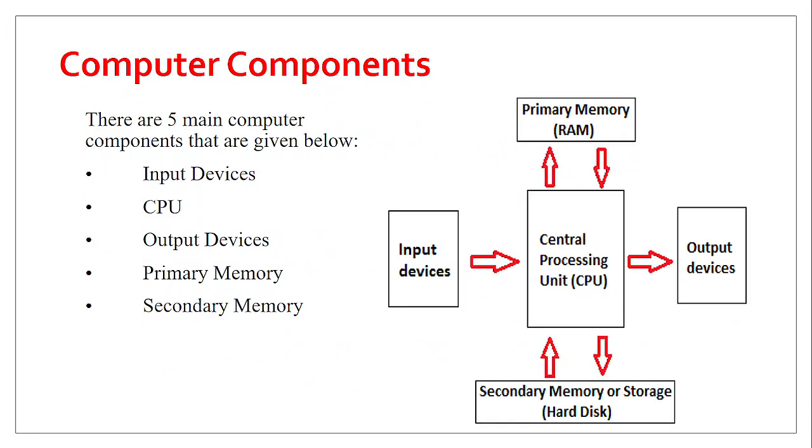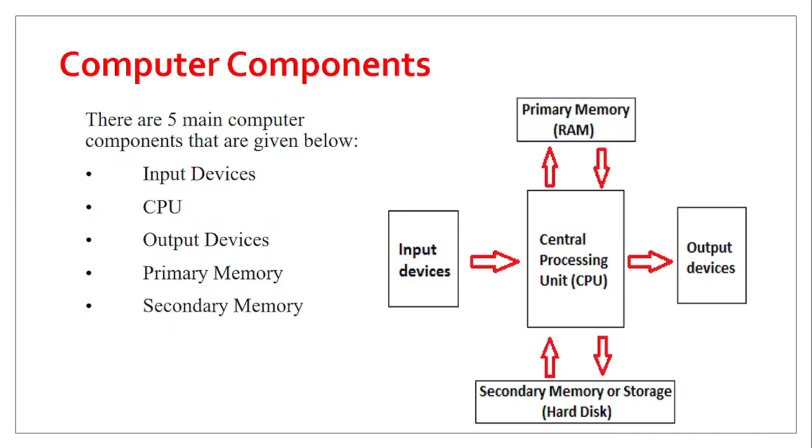We therefore need to understand the various components of the computer. This block diagram is going to help us understand how these components interact with each other. Then we need to understand their respective functions. You can see the arrows show the interaction.